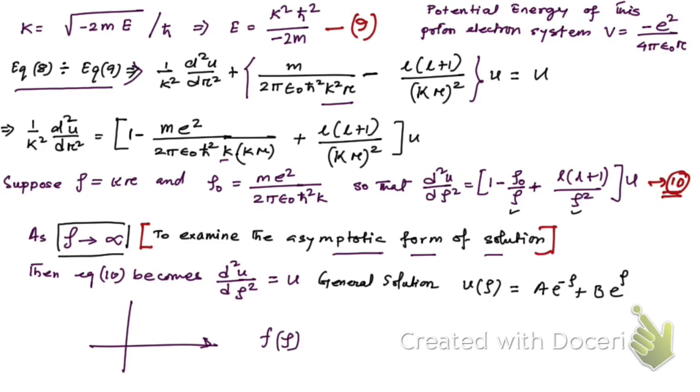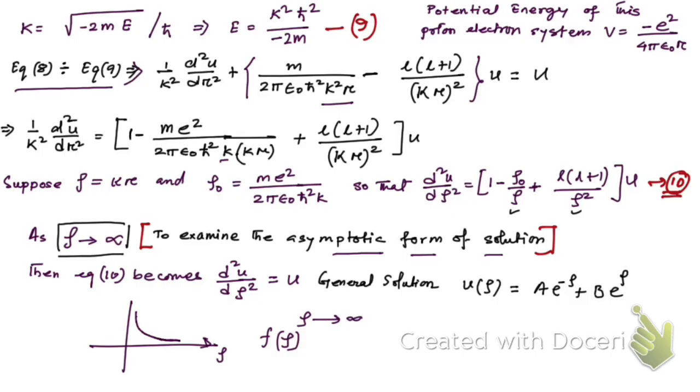This axis is the values for rho, and when it tends to infinity, suppose its graph is like this.